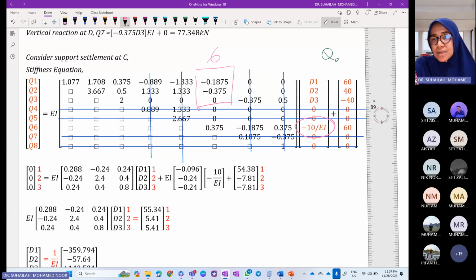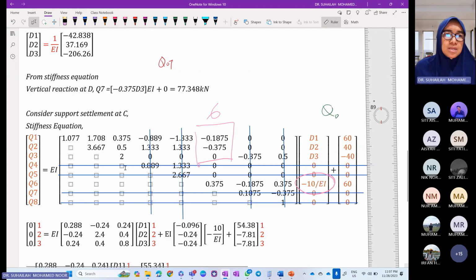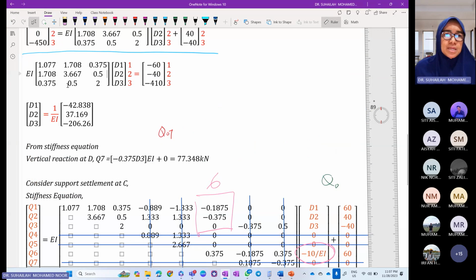Now D6 is not 0. So whatever value at position 6 kena kali dengan the value. So dekat sini. Okay, saya copy balik yang ni.